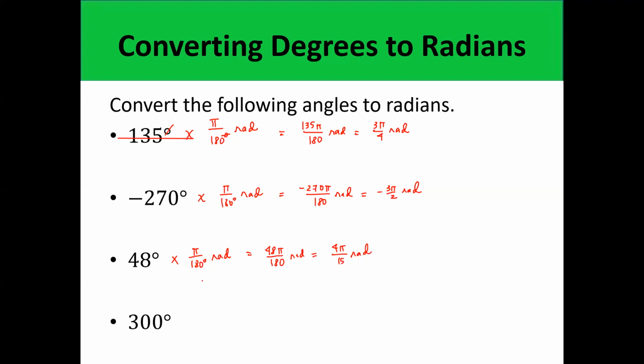And finally, 300 degrees multiplied by pi over 180 degrees radians. This will give us 300 pi over 180 radians. In lowest terms, this will be equal to 5 pi over 3 radians.